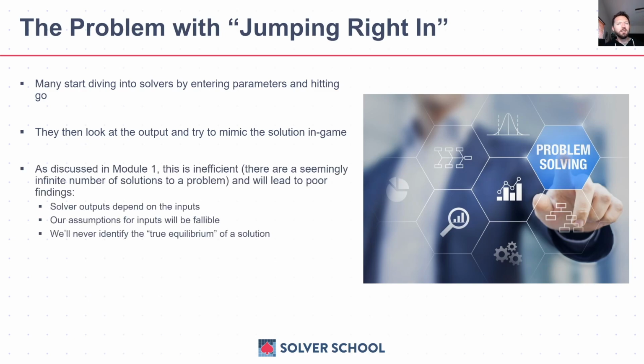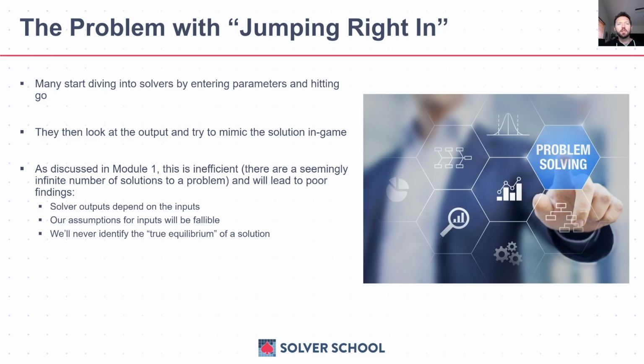But as we've discussed in the first module, this is just an inefficient way to study. There's a seemingly infinite number of solutions to a particular problem in a solver, and doing this is going to lead to some poor findings. As we've already demonstrated, the solver outputs are going to depend on our inputs, and our assumptions that make up those inputs are going to be fallible.